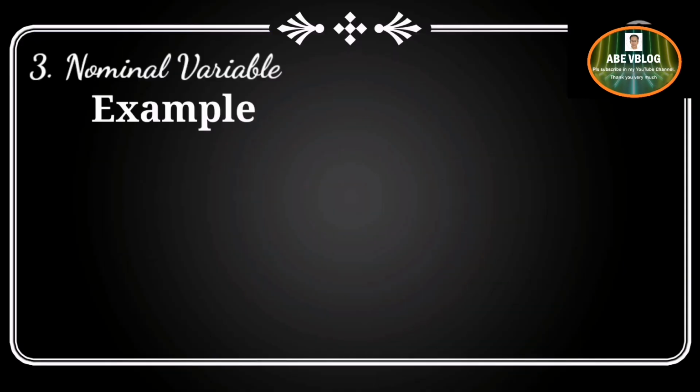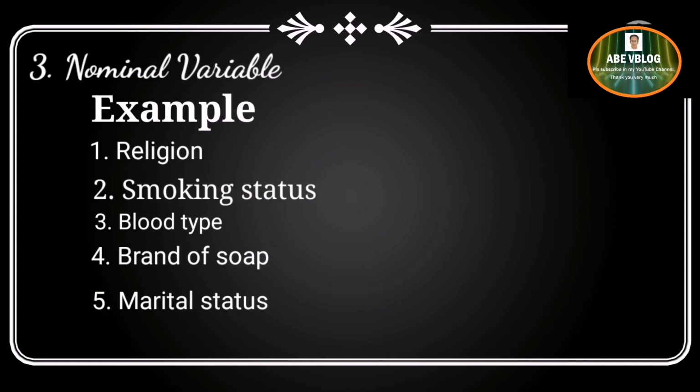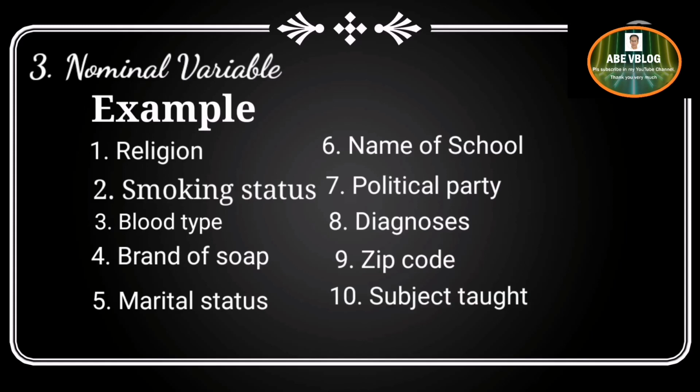Examples of nominal variable: religion, smoking status, blood type, brand of soap, marital status, name of school, political party, diagnosis, zip code, and subject taught.